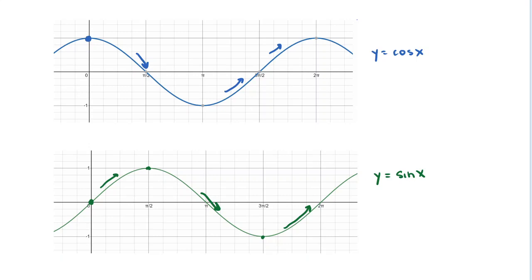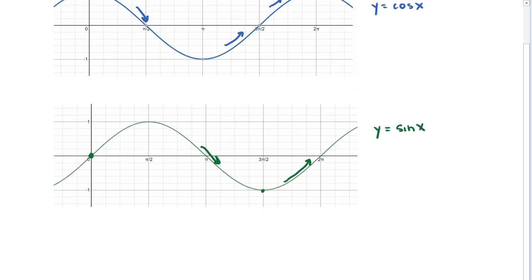So in the past we talked about the domain and the range of all of our different trigonometric functions. And now that we've graphed the functions y is equal to cosine of x and y is equal to sine of x, this gives another way to quickly identify what the domain and range of these functions are. The domain is the set of all input values for our functions. When we look at a graph of a function, we can see that by looking at how far left the graph goes and how far right the graph goes, and if there are any spaces in between that are cut out.